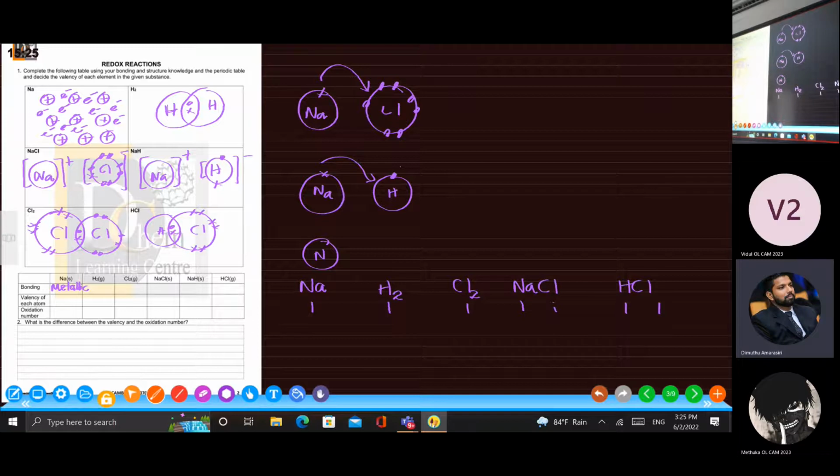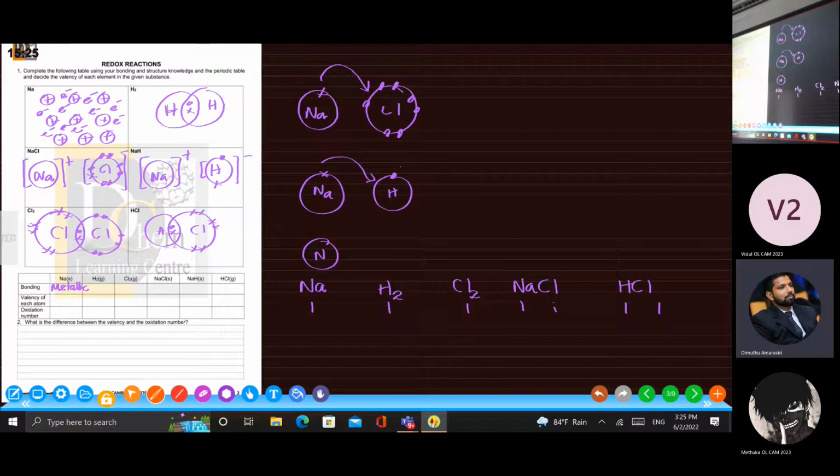Is that clear? So this valency doesn't tell us any chemical information. Sodium is a metal, and its valency is 1. Chlorine is a non-metal, and its valency is also 1. But 1 doesn't tell us whether this is a metal or a non-metal. Therefore, valency is a simple concept which doesn't tell us any chemical information.